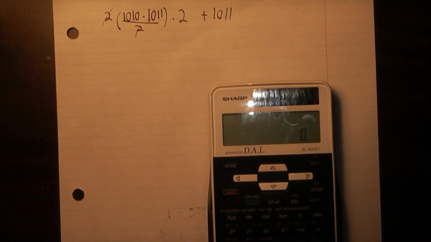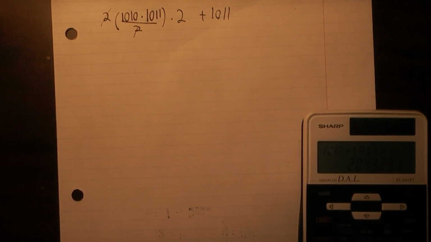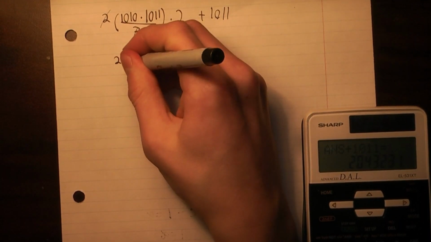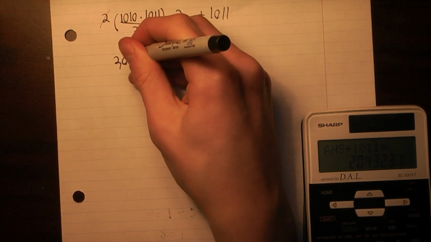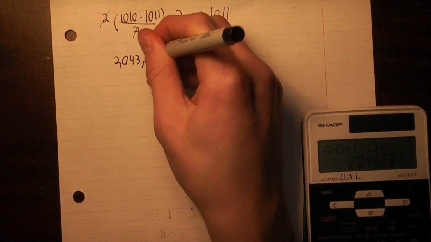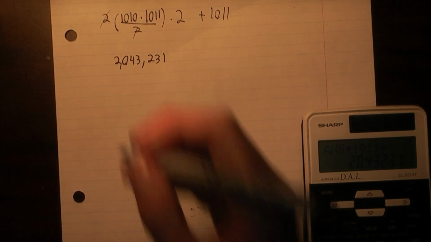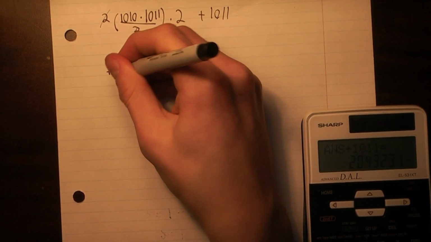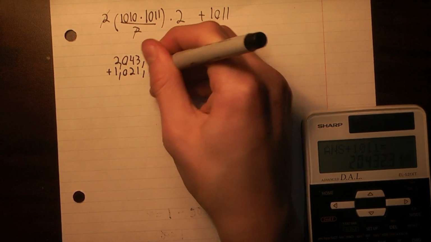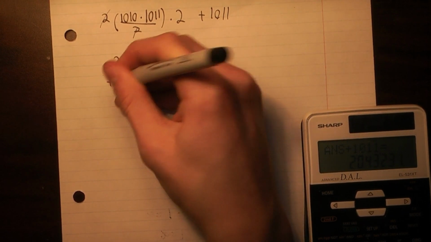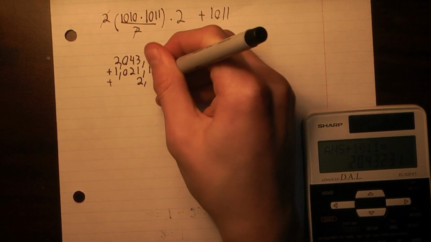So when we put this into our calculator, we get 2,043,231 possibilities. And now we get to add that to all of our previous possibility amounts.